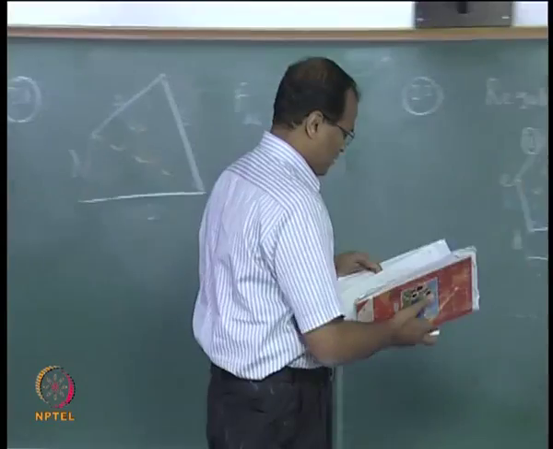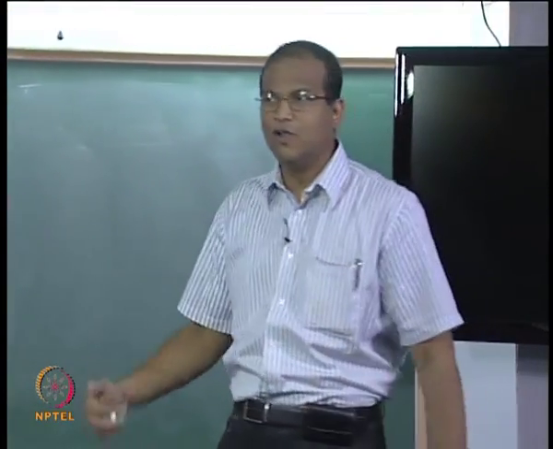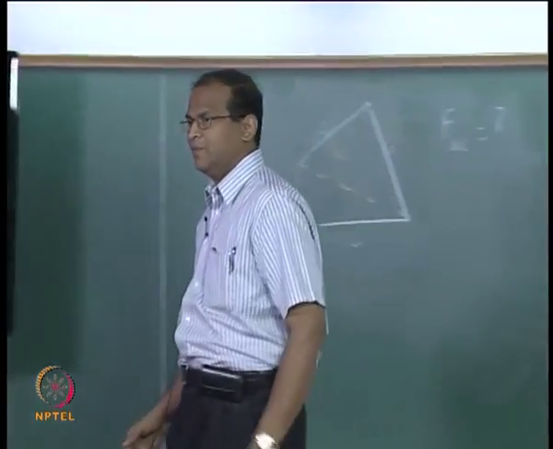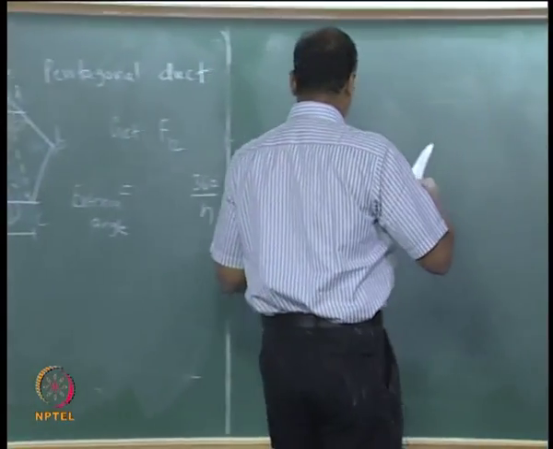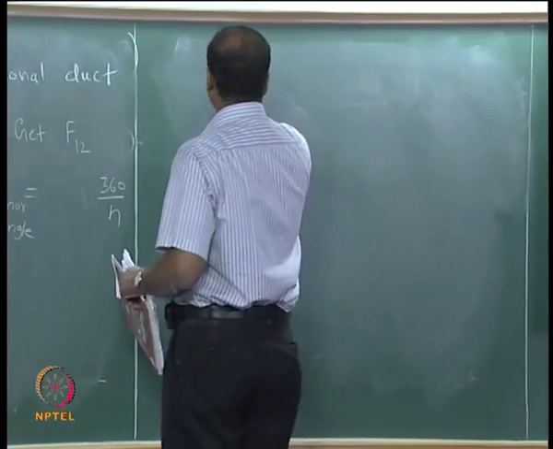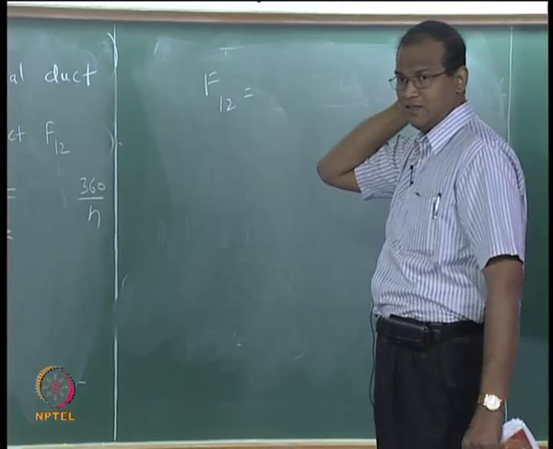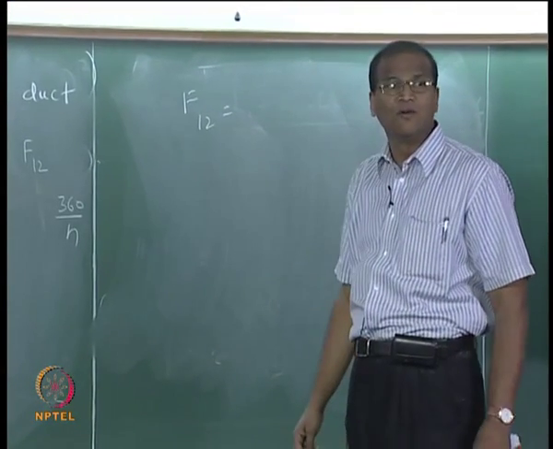Now we will do it. Did you use this Hottel's crossed string? Yes, correct. So you have to use the Hottel's crossed string. That's why I gave this problem after the Hottel's crossed string. Now we will have to, F12 is equal to. So what is F12? How did he start out this problem?